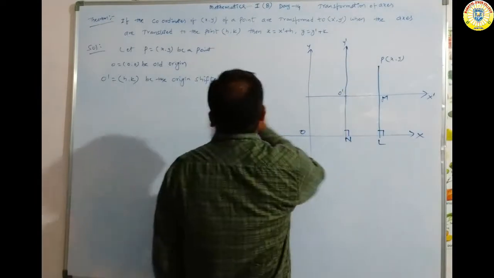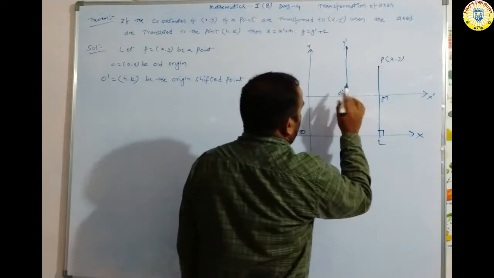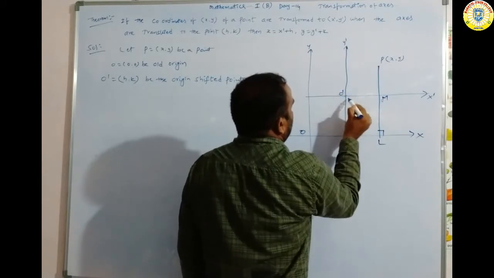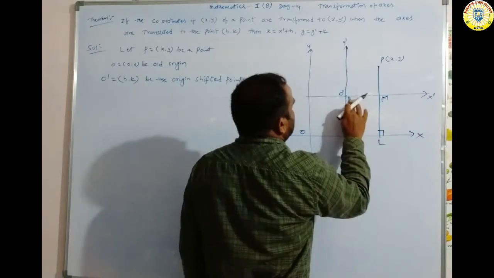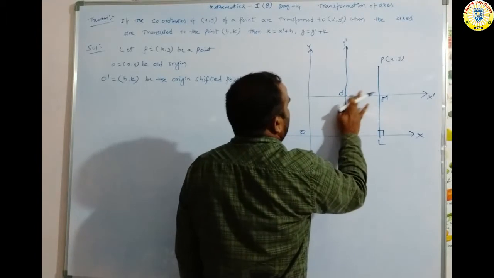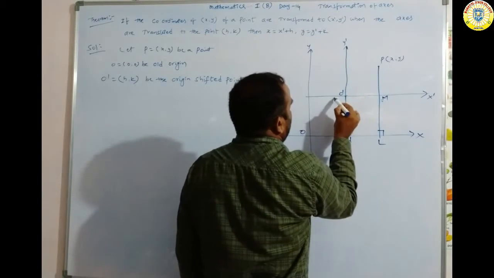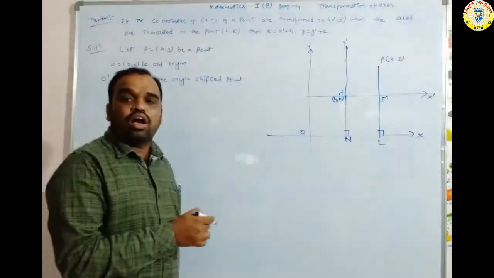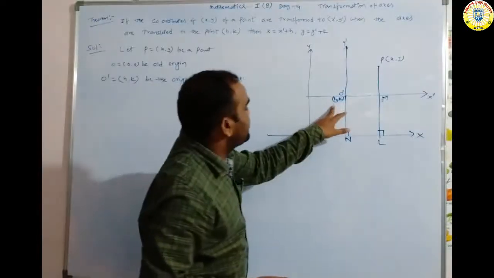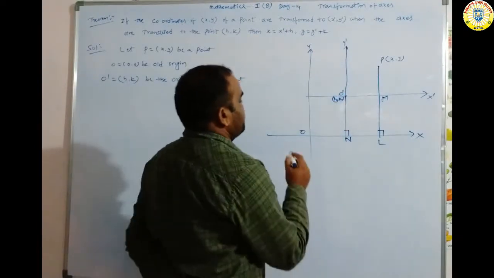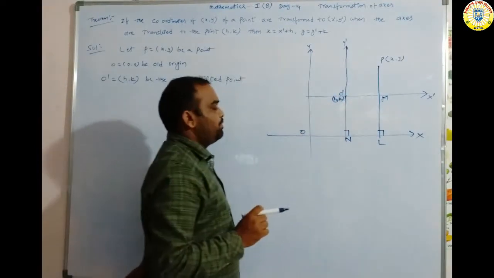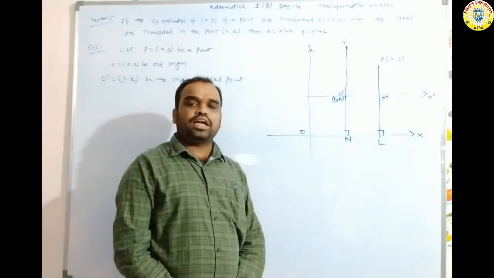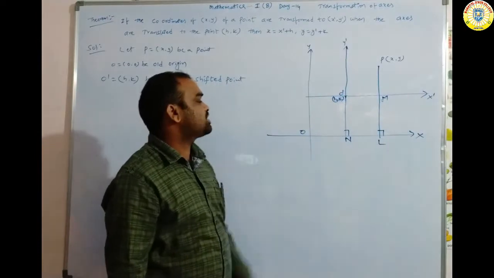So what is the origin shifted point? The origin shifted point O dash is equal to H comma K. Here H is denoting the perpendicular distance from the point O dash to the Y axis, which is ON.